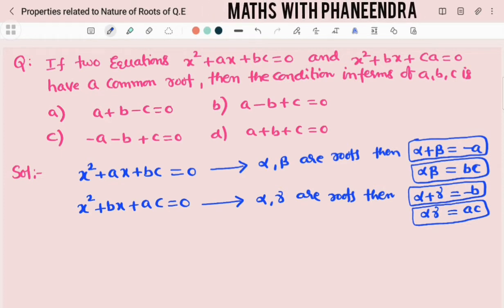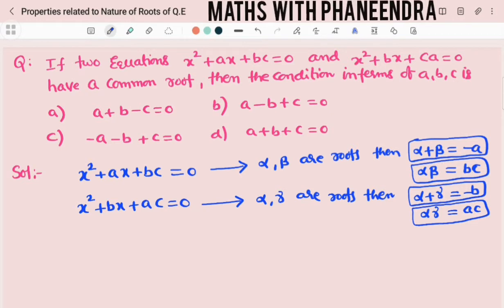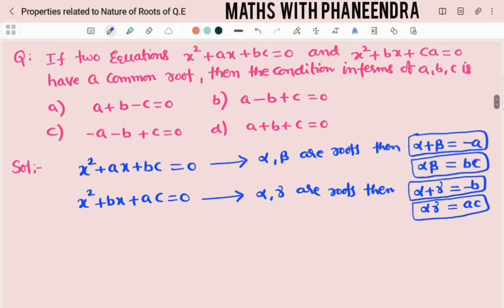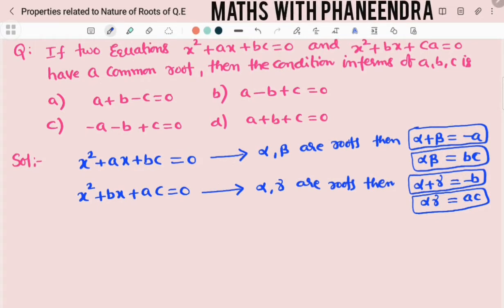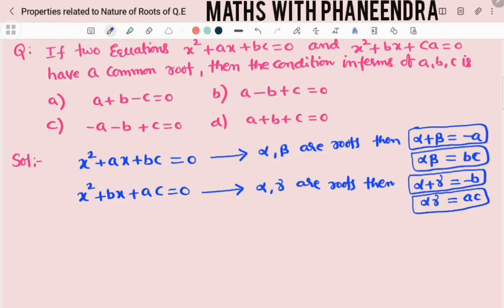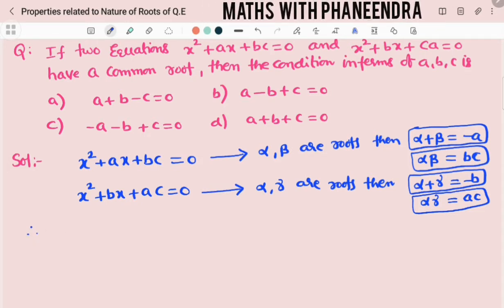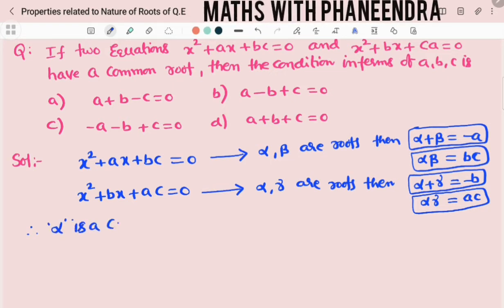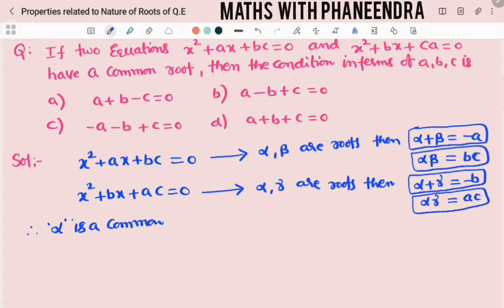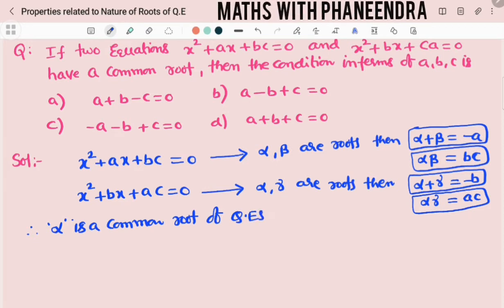So this information we have, common root. In the earlier classes, in Maths 1B, one of the papers of mathematics in intermediate, the cross multiplication method is there. So here alpha is the common root, no? From these two, alpha beta roots and alpha gamma roots, alpha is the common root. Therefore alpha is a common root of both quadratic equations.